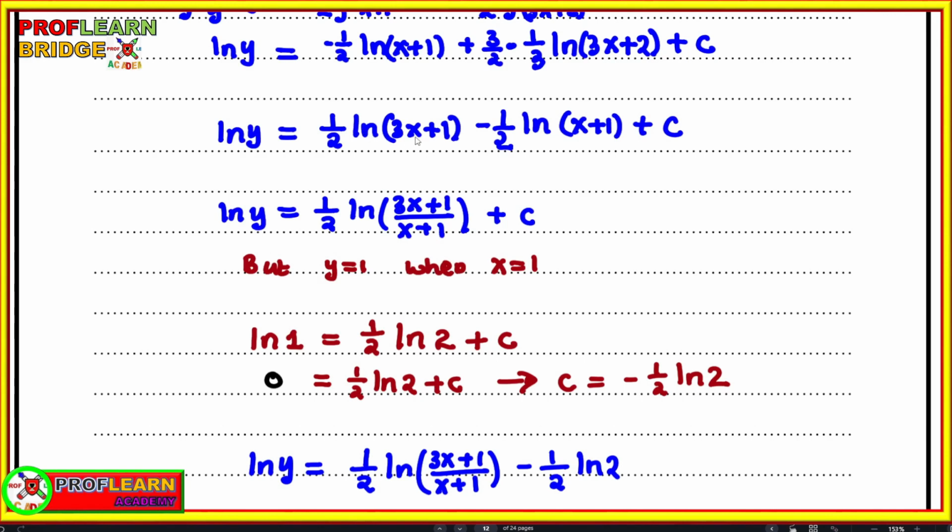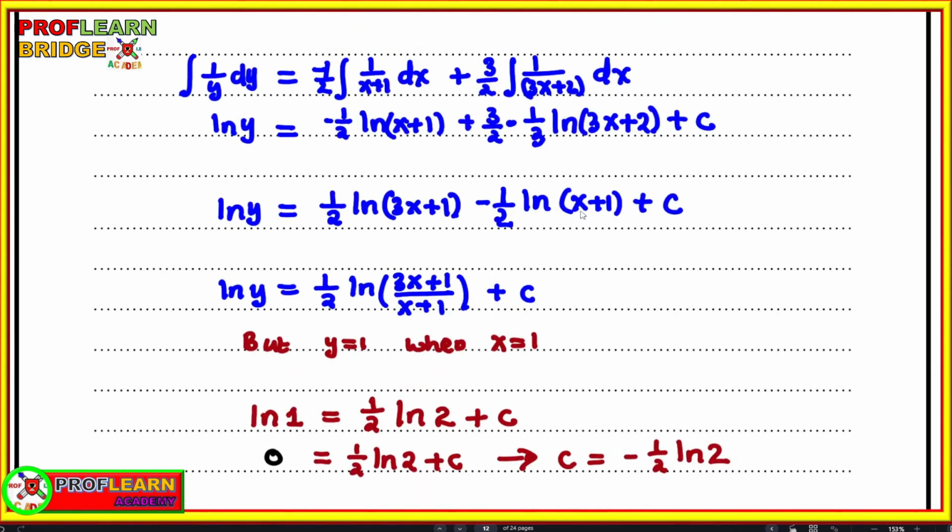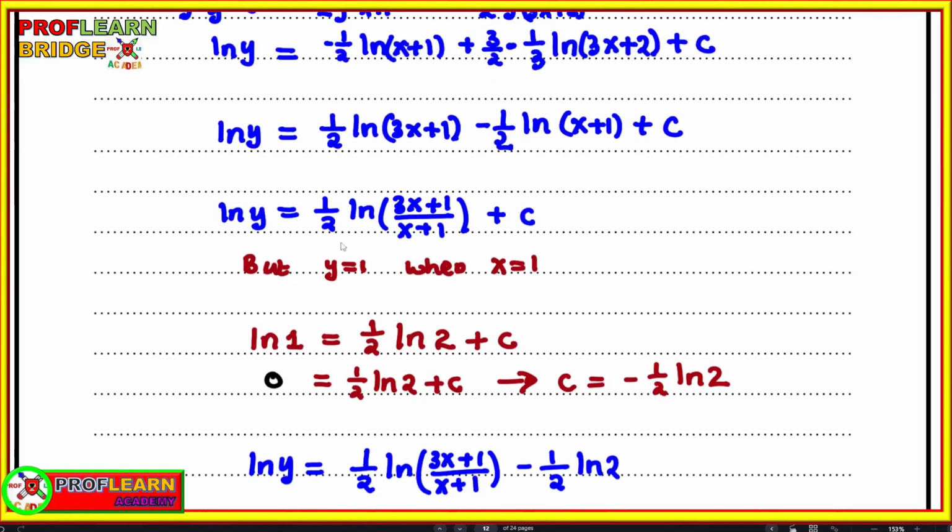and our integral now becomes ln of y equals 1/2 ln of 3x plus 1 minus 1/2 ln of x plus 1. Actually, this becomes so because this was a negative, so that's why we have it in front of this negative value. So we end up simplifying this, because when you have two natural logs subtracted, you can divide the numbers.